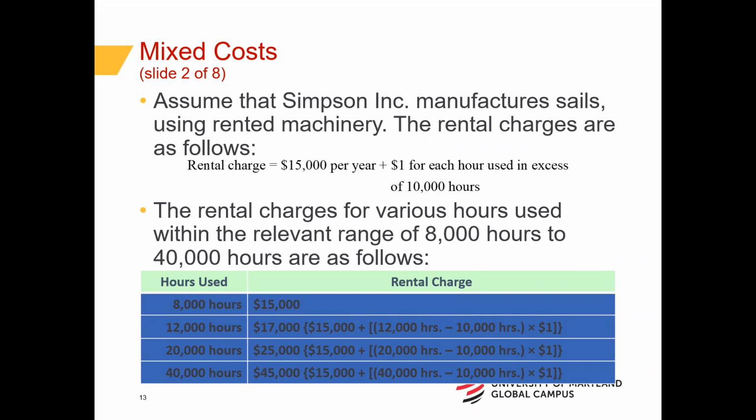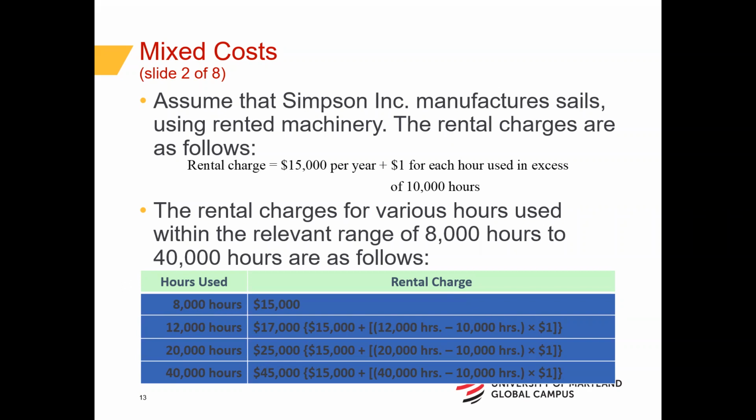So you have to pay your base rate plus, it'd be something silly like 0.0001 cent per sheet of paper over 20,000 sheets or whatever, something like that. But you see what I'm saying. So this is a great example of a mixed cost.